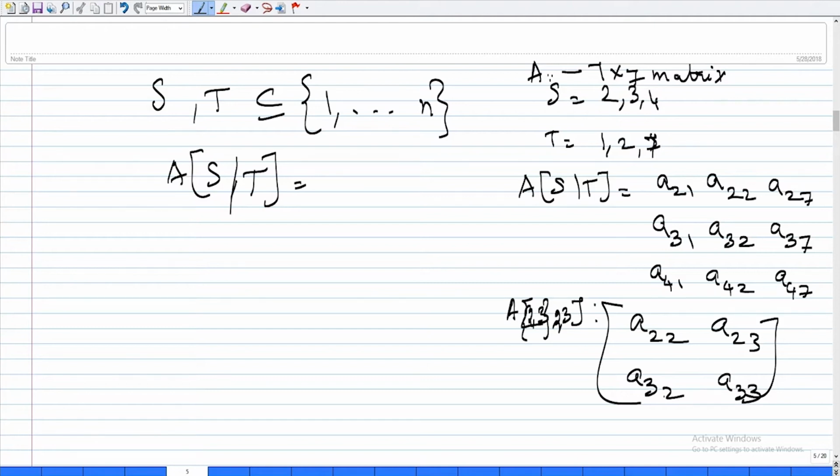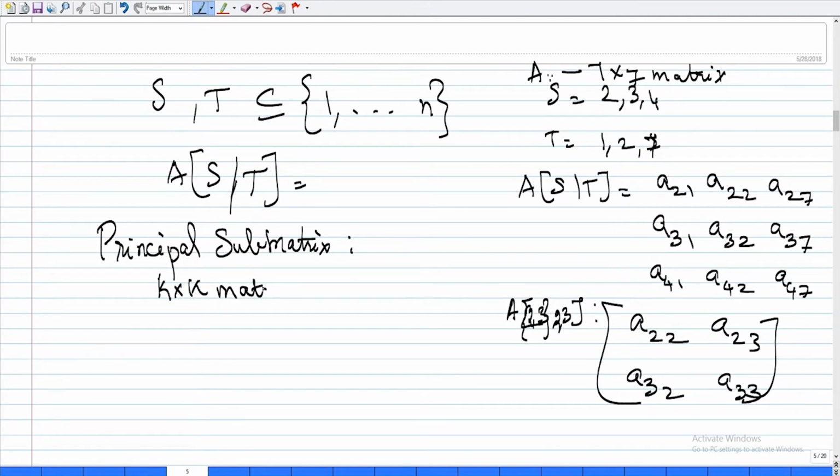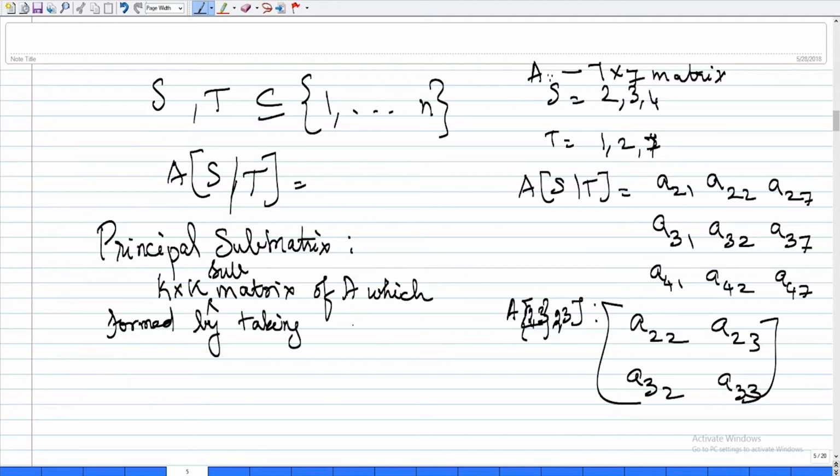So, like this you can look at all the principal submatrices. Now, to formally define it mathematically, a k by k principal submatrix of A is a submatrix formed by taking k rows and the same, or corresponding, k columns.